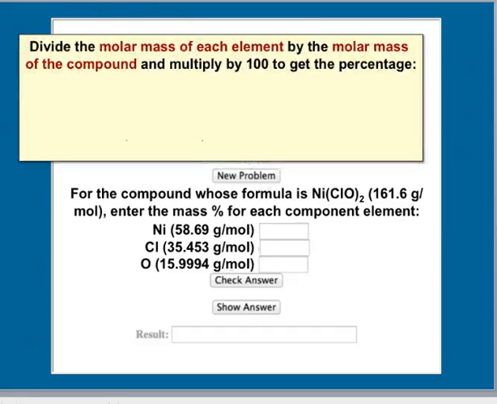We know that nickel is going to weigh 58.69, and the whole thing is going to weigh 161.6. Therefore, our mass ratio is simply this, multiplied by 100, we're at 36%.